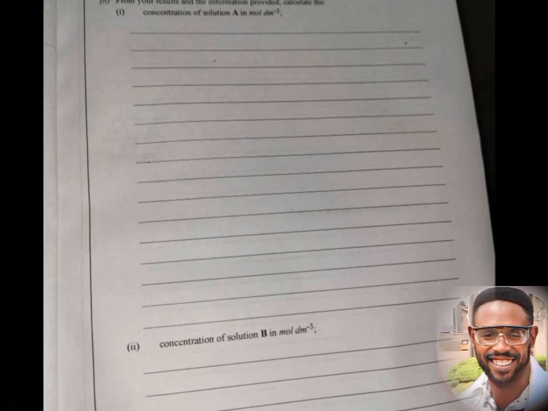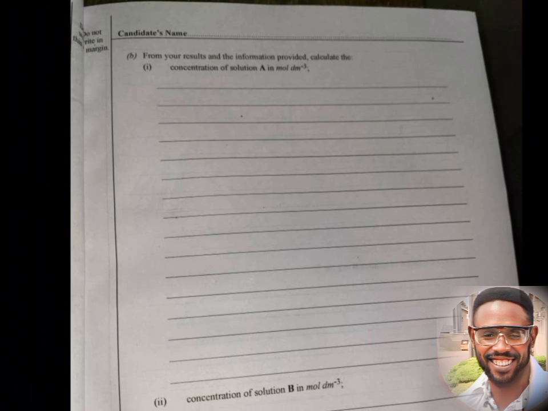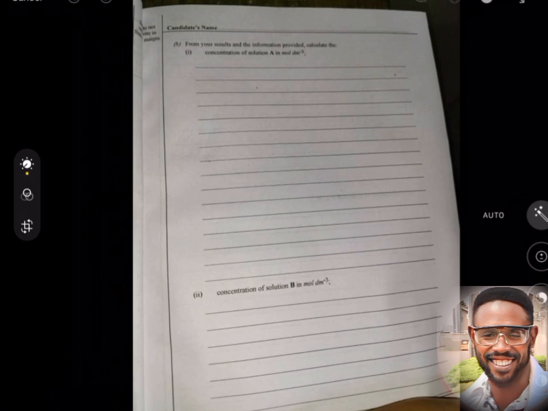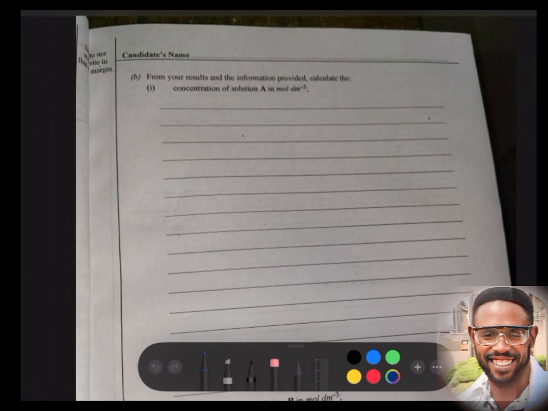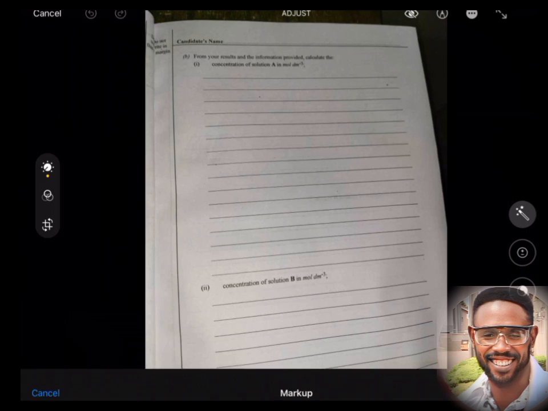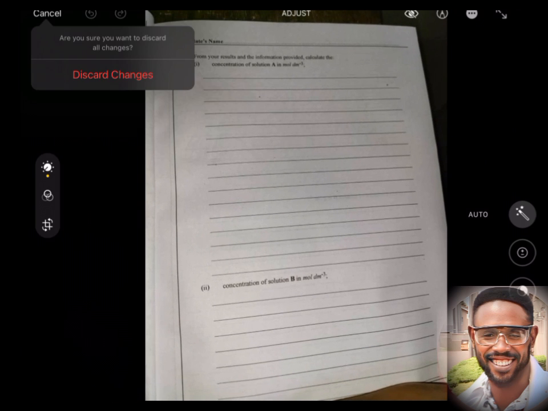Over here is the continuation, which says from your results and the information provided. So I'll go back and get that information provided in the other part.